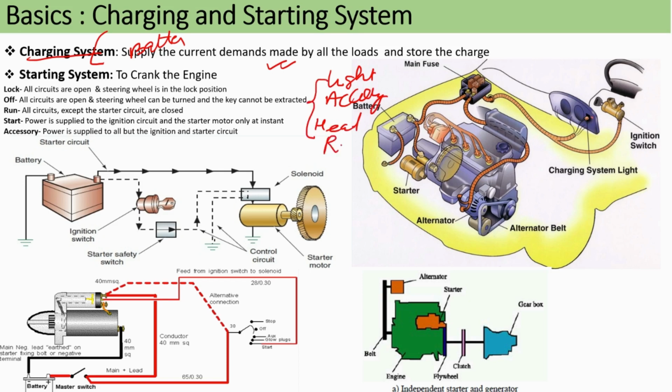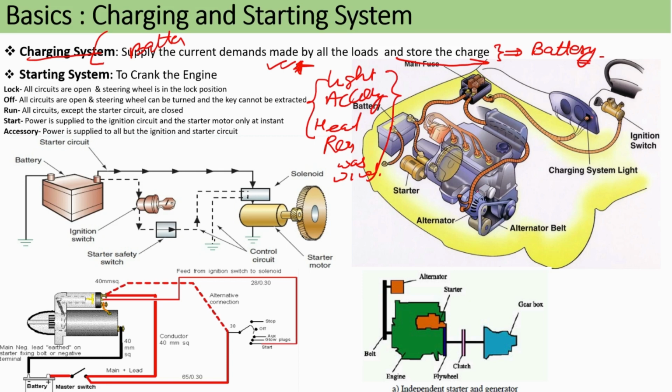All the demands made by the loads in the form of current come under the charging system, and the charging system should be capable enough to meet all the demands made by the loads and store the charge. Storing the charge means it should store the charge in the battery. So this is your charging system.